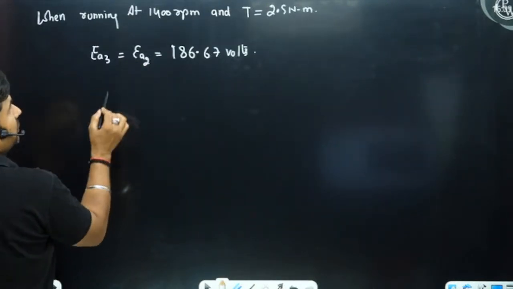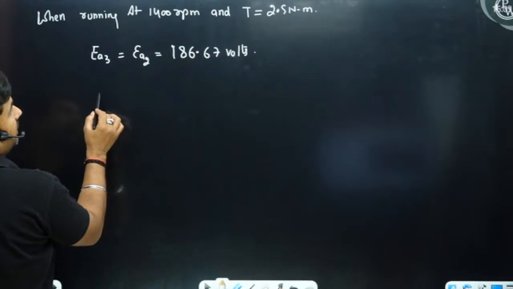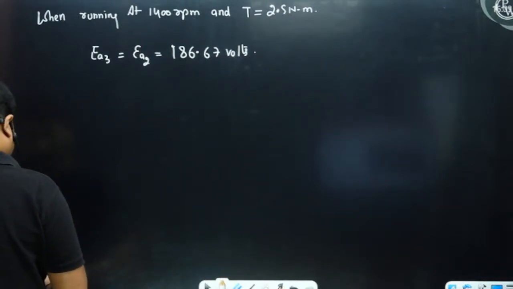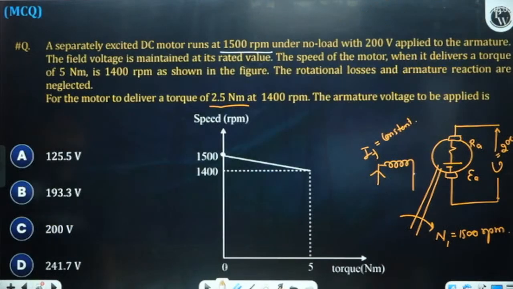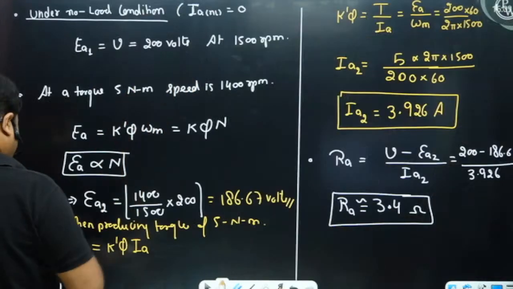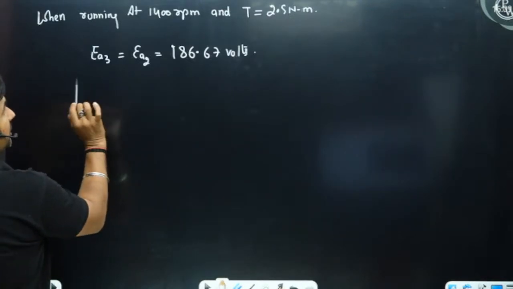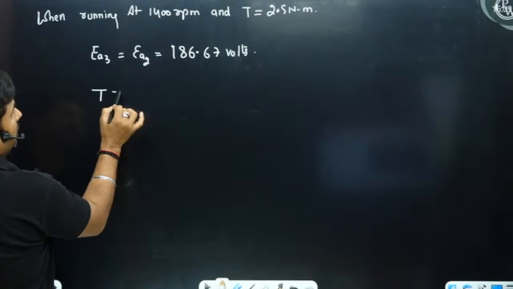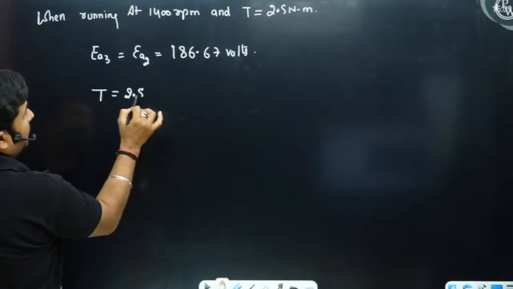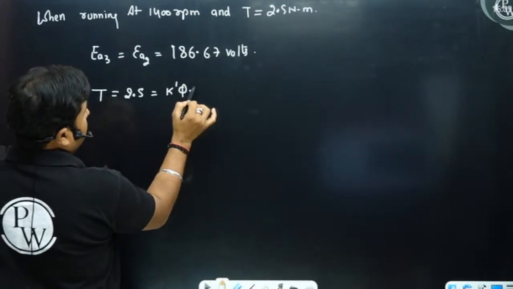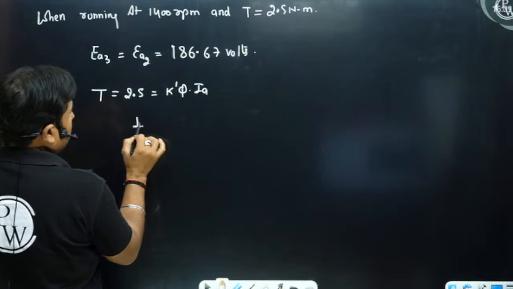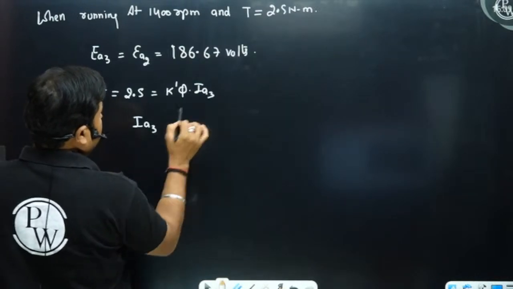In order to produce a torque of 2.5 Newton meter, what is the current drawn by the machine? Machine is same. So torque 2.5 Newton meter is K dash phi into IA. You can calculate the new IA3 value.